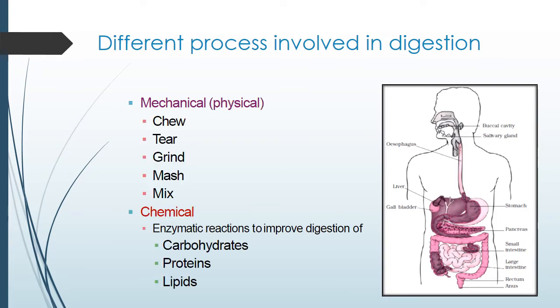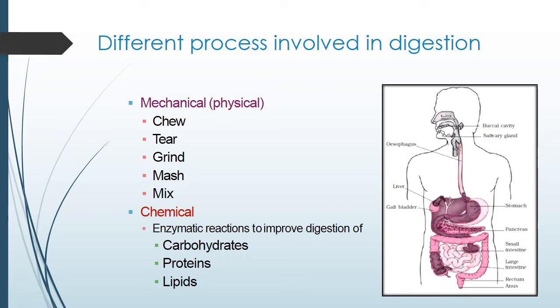I told you that there are two processes, one is the mechanical or physical process and another is the chemical process. The mechanical process includes chewing, tearing, grinding, mashing and mixing. How does it happen?